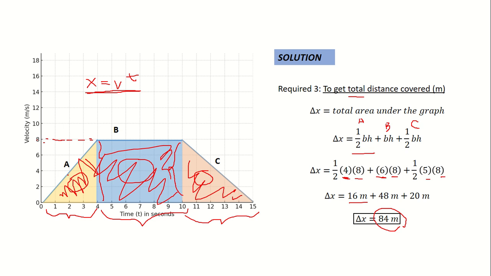But since there are changes in velocities, there is an increase in velocity at A and then a decrease at C. Only at letter B did it become constant. So we cannot just use this formula. This would be wrong. Instead, you need to get the area under the graph to get the total displacement or the total distance covered.